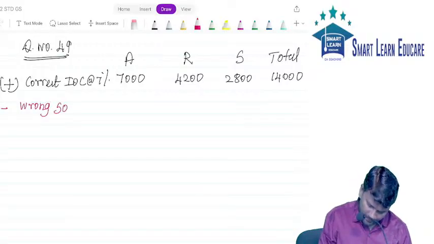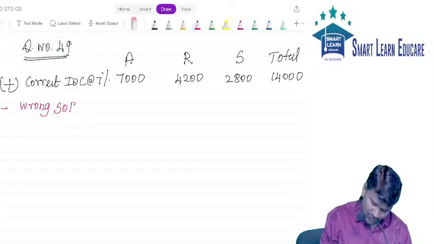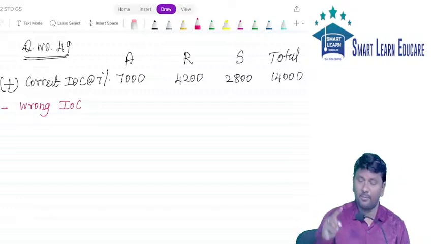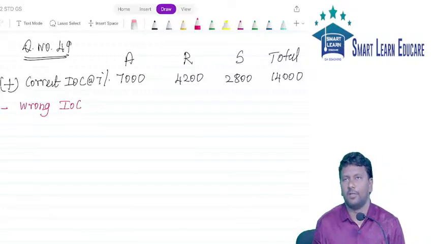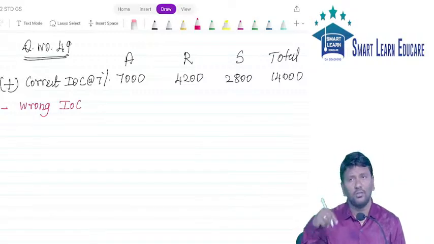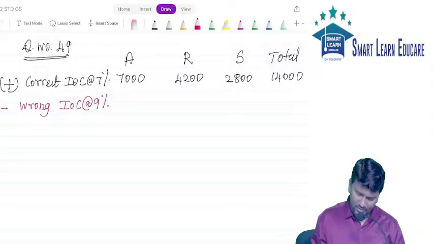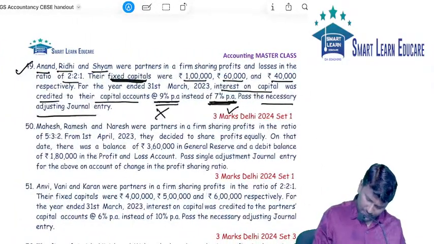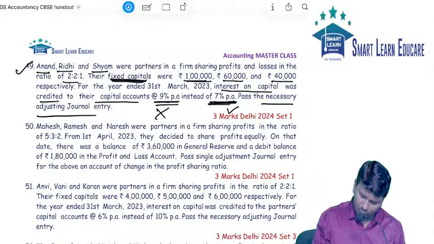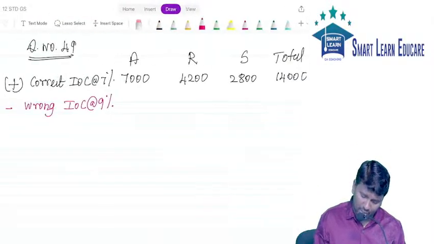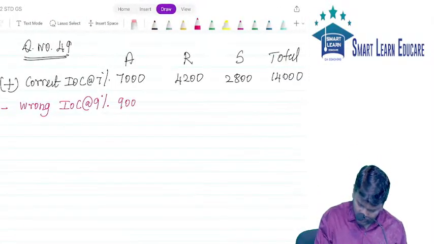Wrong share of profit is given. Not share of profit. Wrong IOC is given. In the previous question it is wrong share of profit, but in this question it is wrong interest on capital. At how much percentage? At 9 percentage. For partner A, it is 1 lakh into 9 percentage, which is 9,000.